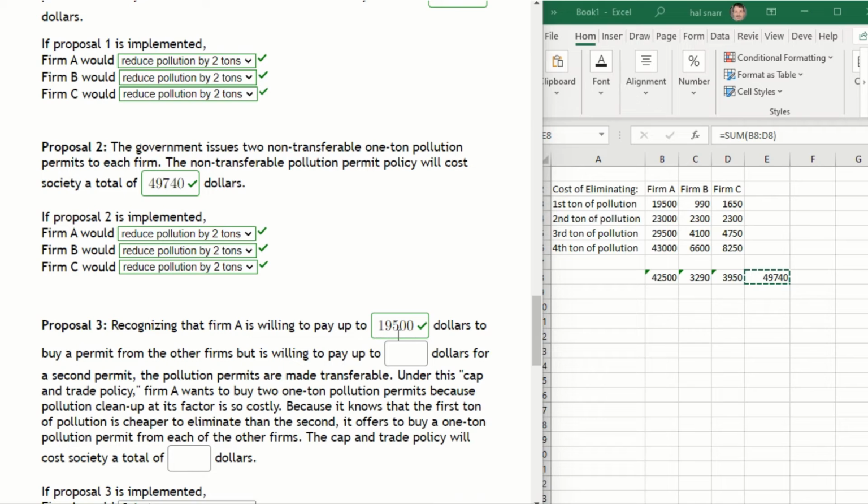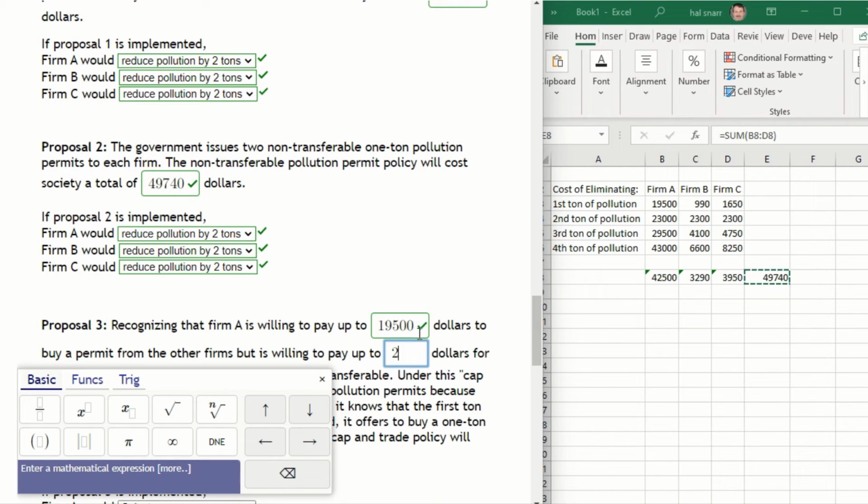So we have a pretty good idea. If that first ton of pollution reduction for firm A is 19,500, then firm A is going to be willing to pay up to that value to maybe buy one of those permits from, say, firm B, right? Now, because its second ton of pollution costs more to eliminate, it costs $23,000, we also know that firm A is going to be willing to pay up to $23,000 for one of those transferable permits, right?